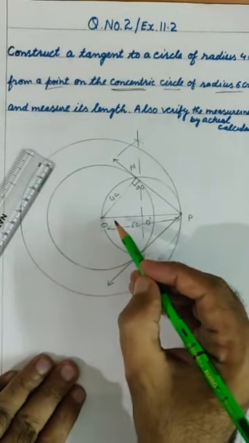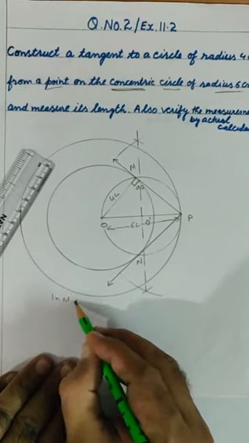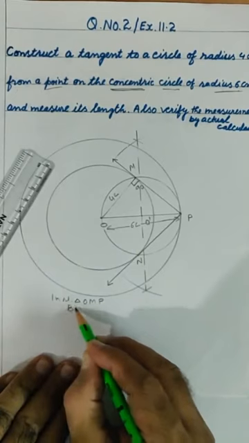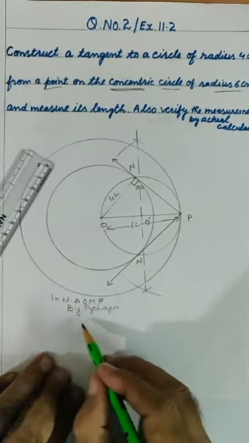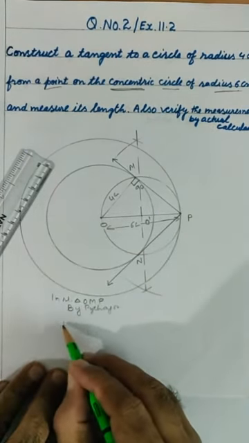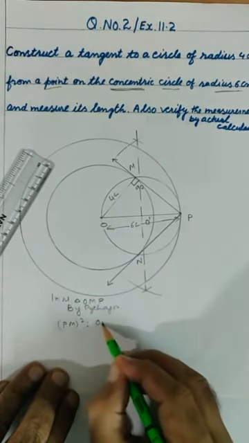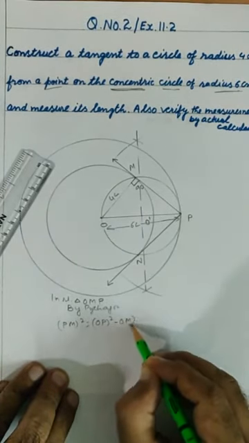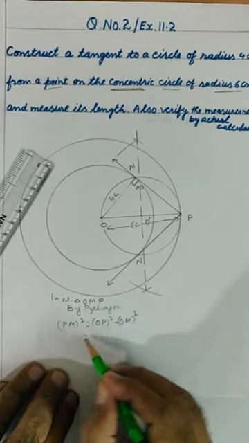If you use it in right triangle OMP, by Pythagoras theorem, you can write PM square equal to OP square minus OM square, and this PM we have to find out.